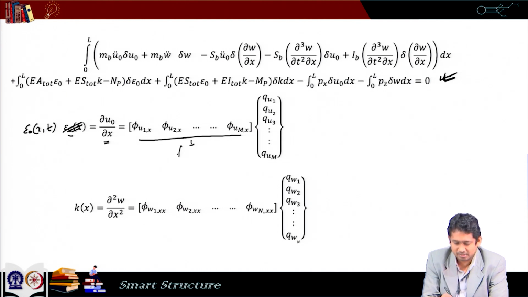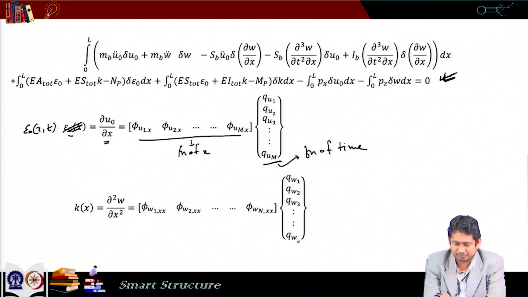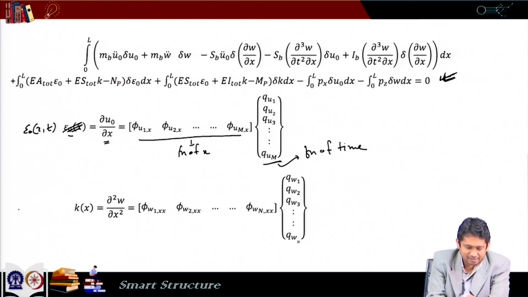So, epsilon 0 can be written as del u0 by del x, and which can be written as this, and then kappa is also a function of x and time.